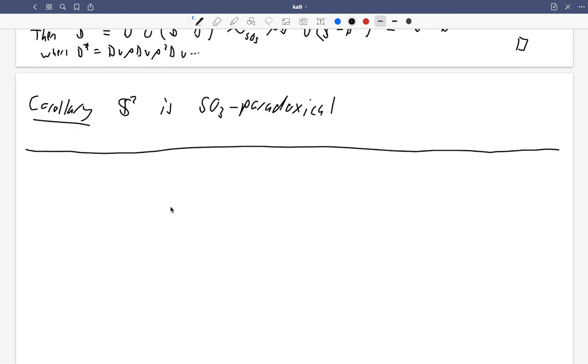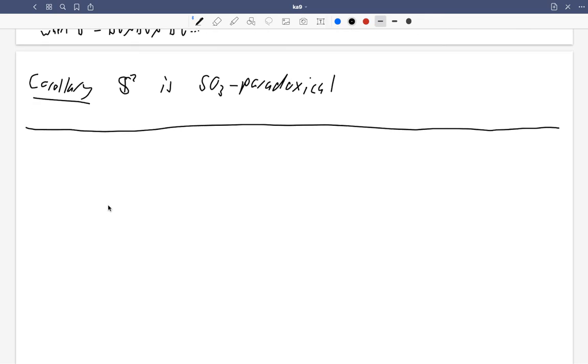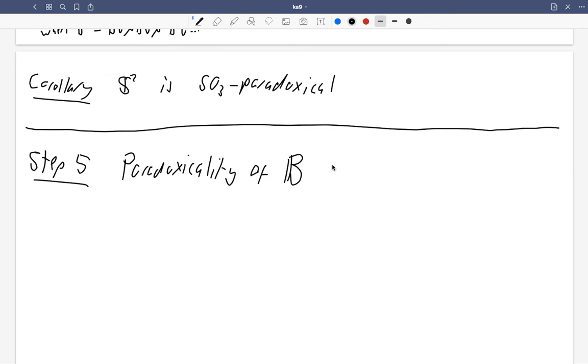But anyway, having got this far, we might as well proceed and get all the way to the proof of the Banach-Tarski theorem. So now we're in step 5, which is the last step, which is finally the paradoxicality of B, namely the unit ball. That is the Banach-Tarski theorem.